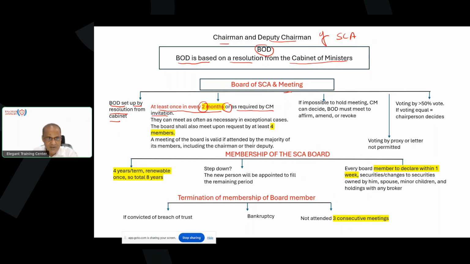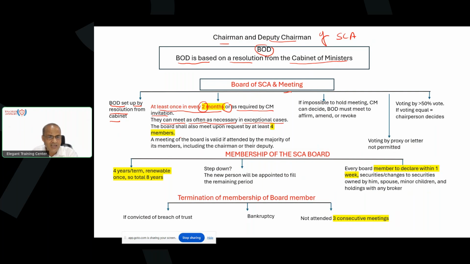They can meet as often as necessary in exceptional cases. So any emergency situation, they can meet. But minimum once in every 2 months. It can be 3 times also, 4 times also, but minimum 6 times in a year. Clear?